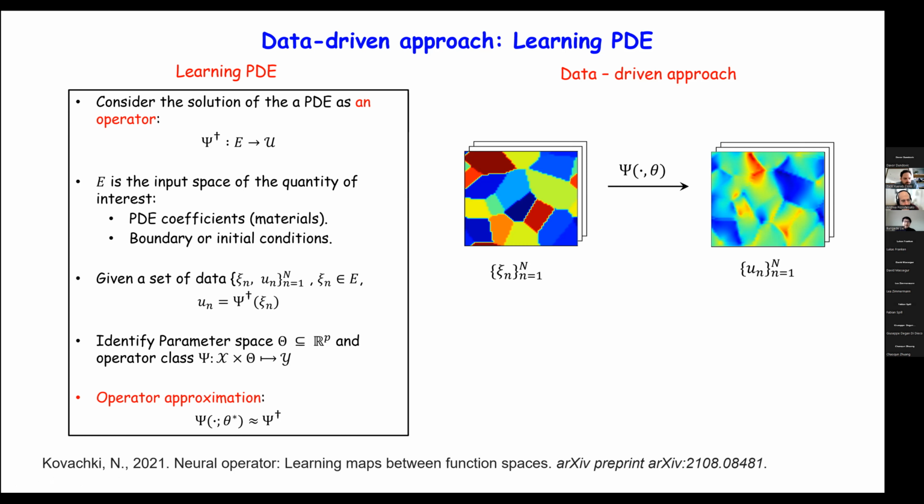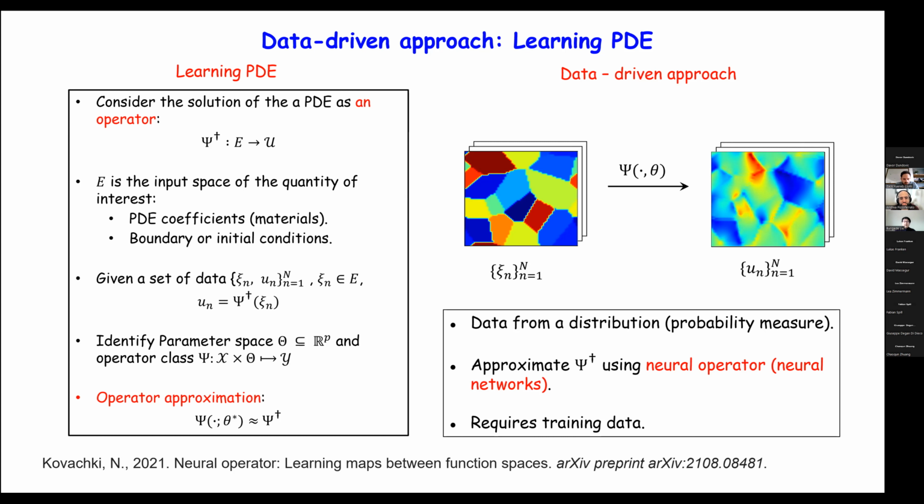The way we're going to do this is to assume that the training data of our neural operator is drawn from a probability measure defined on top of our unknown parameters, and we're going to try to learn this ψ† conditioned on this probability measure. Of course, this requires training data. If we don't have data but only have PDEs, it's going to be hard for us to do this. But if there are data sampled from this distribution, then we can do it.